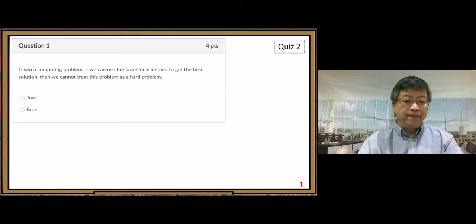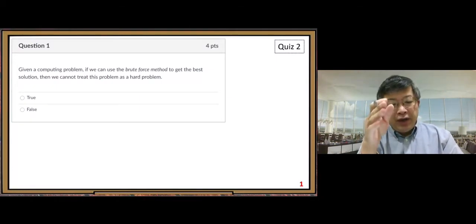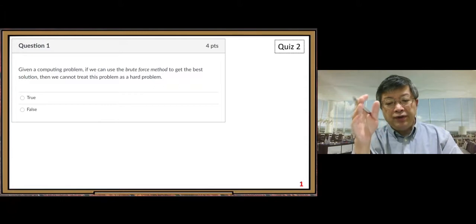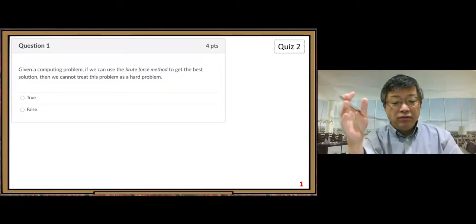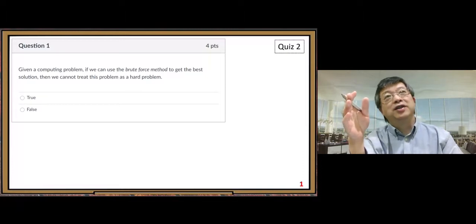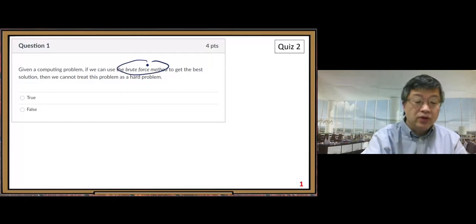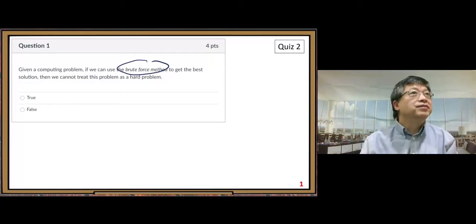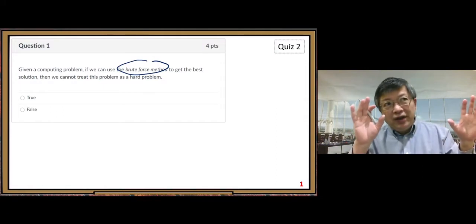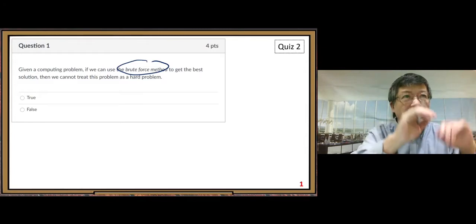The first one, given a computing problem, if we can use the brute force method to get the best solution, then we cannot treat this problem as a hard problem. Yes, we know the brute force algorithm is straightforward. There is no special technique. So usually we can treat it as the simplest possible algorithm.